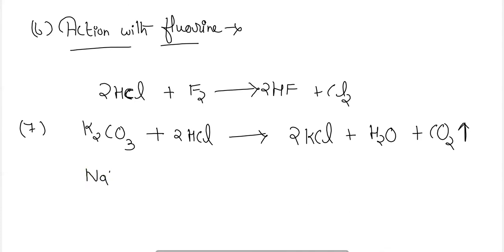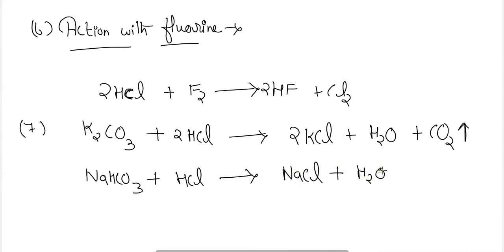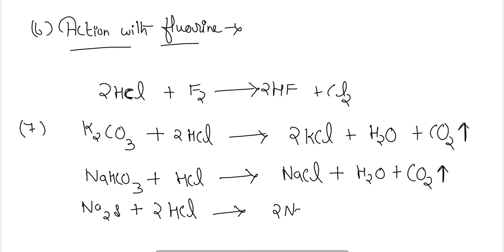Okay, NaHCO3. It is also a salt of carbonic acid, sodium bicarbonate. When it reacts with hydrochloric acid, it will produce a neutral salt, that is NaCl, water, and carbon dioxide gas will be released. Sodium sulfite plus 2HCl gives 2NaCl plus H2S gas.